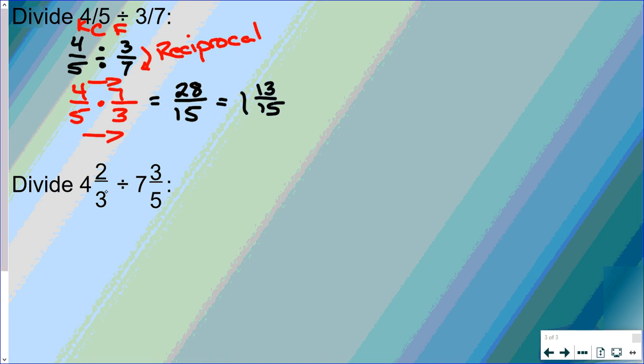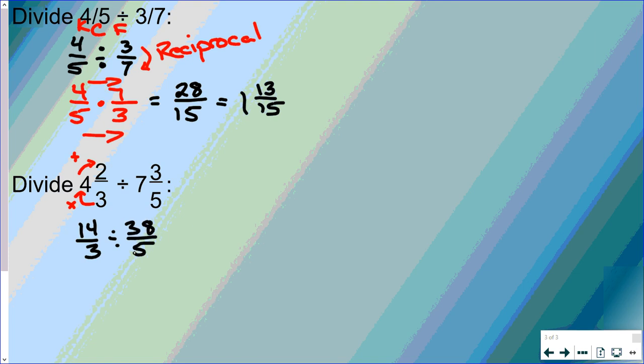All right, so mixed numbers. Just like with multiplying, we need to change these into improper. So again, what I'm going to do is multiply these together and then add the top number. 3 times 4 is 12, plus 2 is 14, so that's 14/3, divided by 7 times 5 is 35, plus 3 is 38.